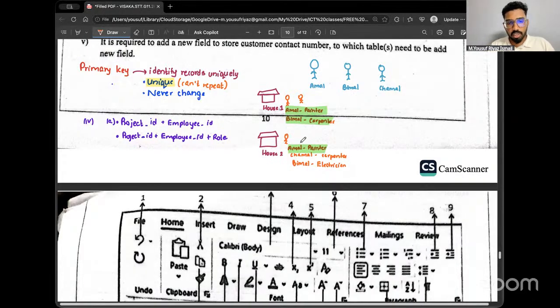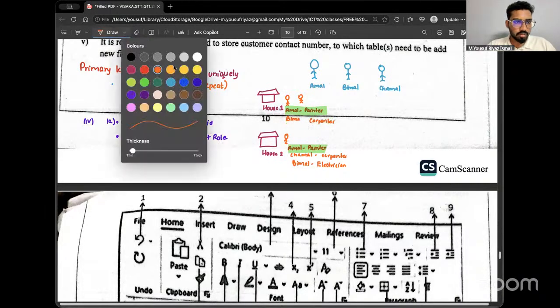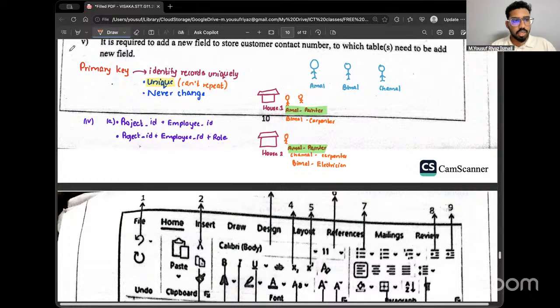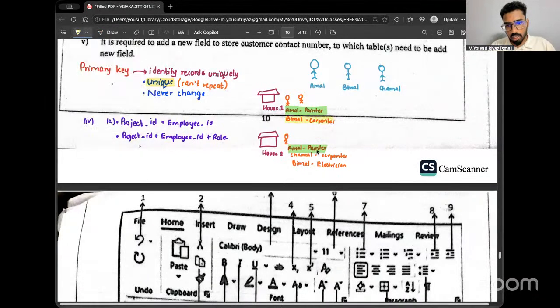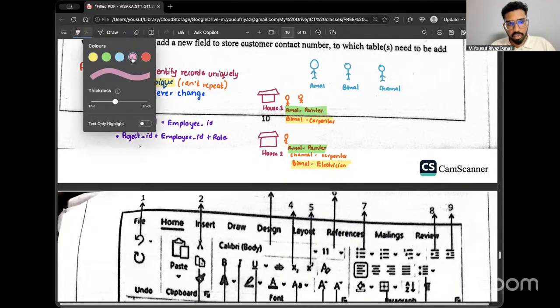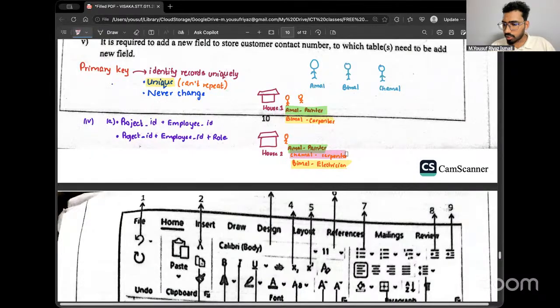So Bimal is working in both houses. In house one, Bimal is working as a carpenter. In house two, Bimal is working as an electrician. And Chamal is working only in house three as a carpenter.